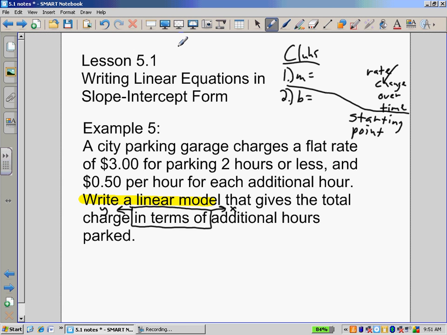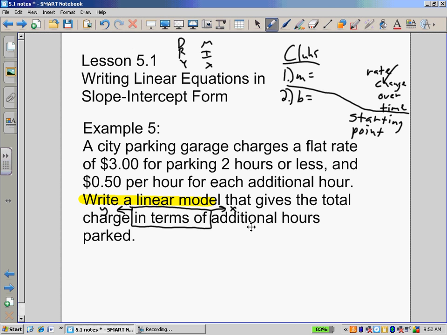If you're thinking in science, thinking about DRY MIX, the dependent responding variable is the y, so that's what's in front of the in terms of. What's behind the in terms of is usually the manipulated independent. This is what you're messing with, and this has to depend on this, the x variable.